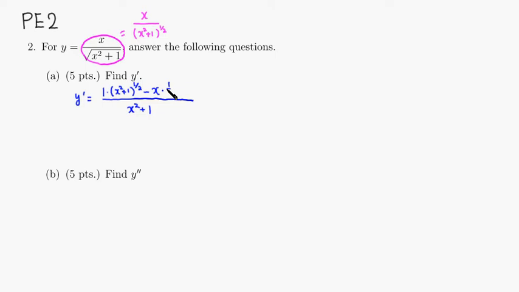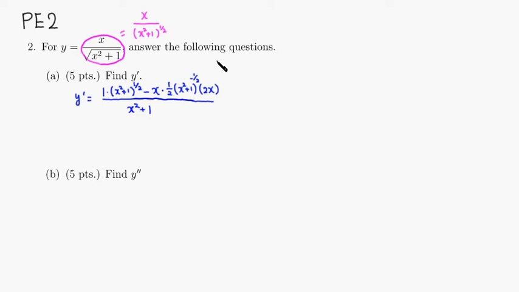So put the power in front, keep the same quantity, x squared plus 1, subtract 1 from the power, negative 1/2, then multiply by the derivative of the inside function, which is 2x.